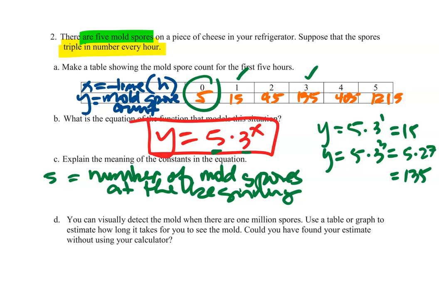And remember, at every hour the spores triple in number. That's why we have a 3 here. So let's explain the meaning of that 3. That is, again, the spores triple in number every hour.